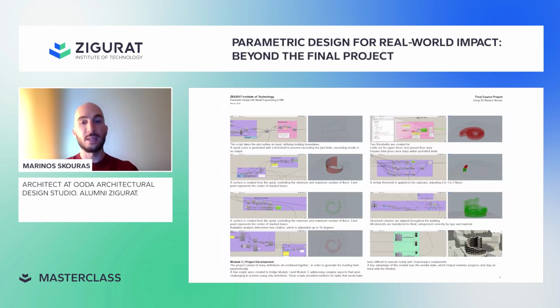After that, I made a radiation analysis on each box, and for the ones that are more exposed to the sun, I applied the rotation parameter to avoid having surfaces receiving direct sunlight. So in that case, I put up to 30 degrees of rotation. And I realized that this also gives the feeling of a more dynamic facade design.